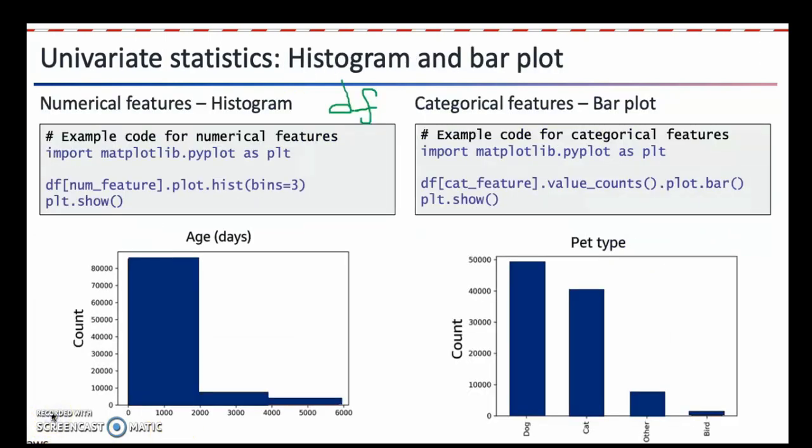So as a reminder, we're assuming that the variable that stores the tabular data is called df, d as in data, f as in frame. There are two modules in Python, or two libraries in Python, that are useful for exploratory data analysis. And those libraries are called pandas and matplotlib.